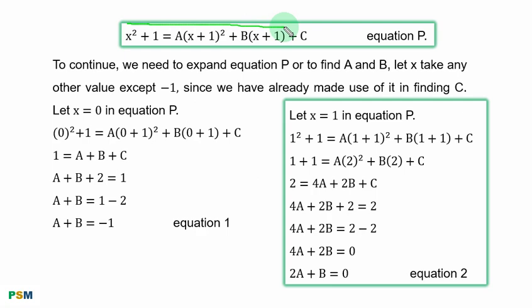To cut off that part, the expansion part, you can simply find A and B. If you let s take any other value except minus 1, we used minus 1 to get C. So you can let s assume any other value so that you can have 2 equations containing A and B, and you solve for A and B. Any value of your choice.